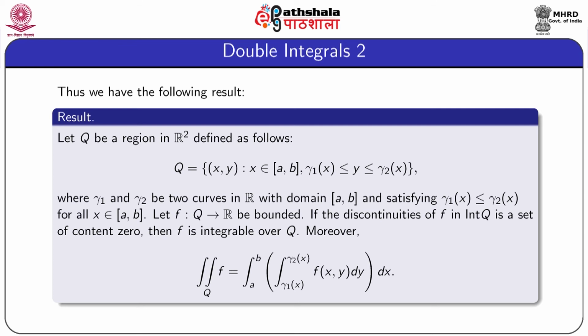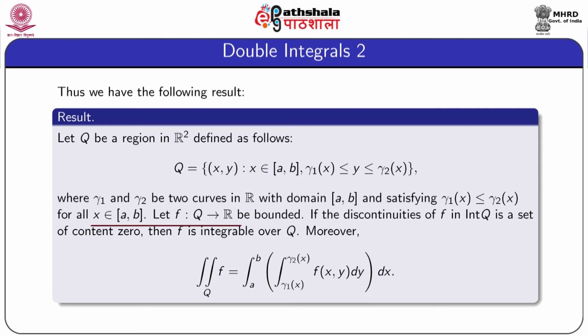Thus, we have the following result. Let Q be a region in R2 defined as follows. Q equals the collection of ordered pairs (x,y) where x is in [a,b] and gamma 1 of x is less than or equal to y, which is less than or equal to gamma 2 of x, where gamma 1 and gamma 2 are two curves in R with domain [a,b] and satisfying gamma 1 of x less than or equal to gamma 2 of x for every x in [a,b].